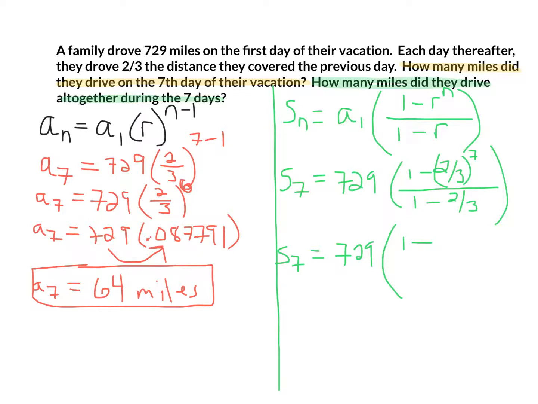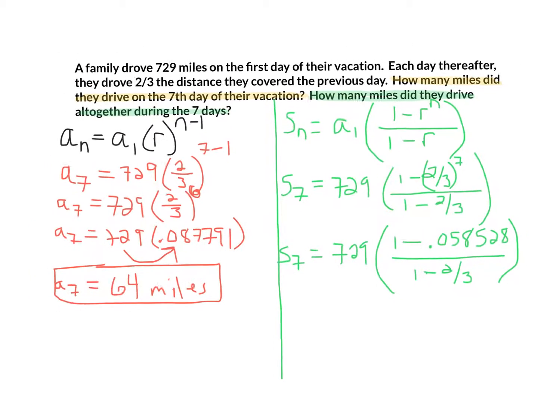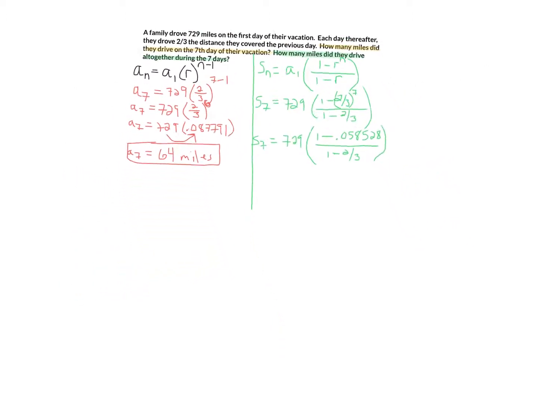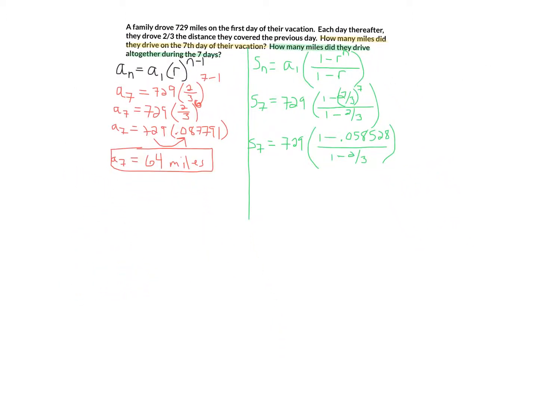Fit this decimal in. So we're going to have 0.0585528 divided by 1 minus 2/3. I'm going to have to shrink this down a smidge so we have more room. There we go.